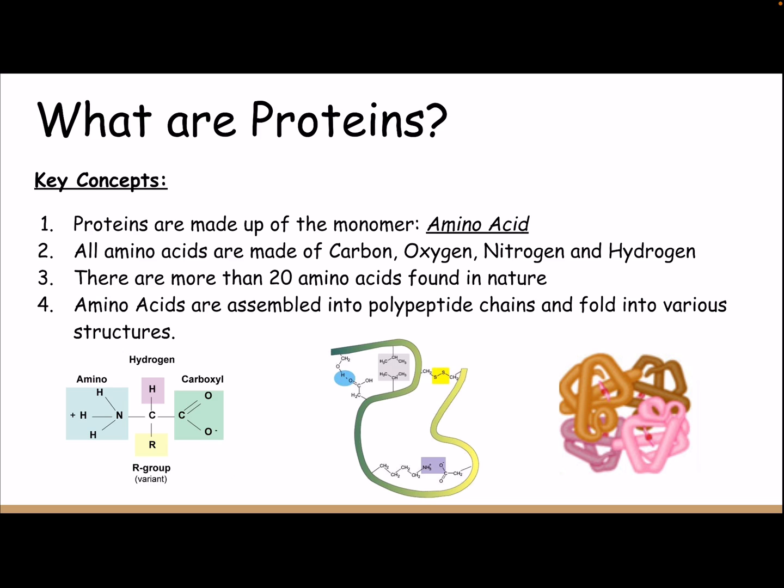If we do what we did with our other two and break this down into its monomer and its polymer, a protein's monomer is the amino acid. The polymer is a polypeptide chain, okay? And essentially an amino acid is like, let's say, a circle, like a dot, right?